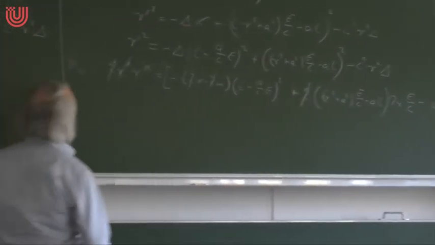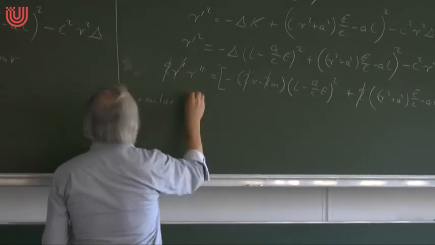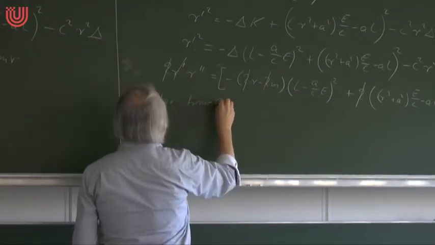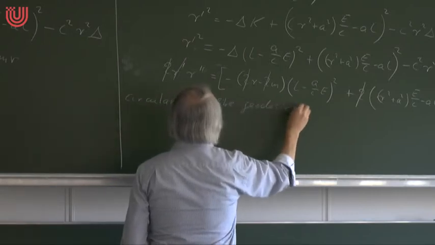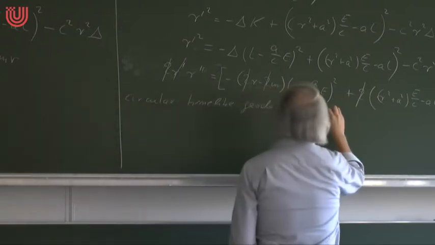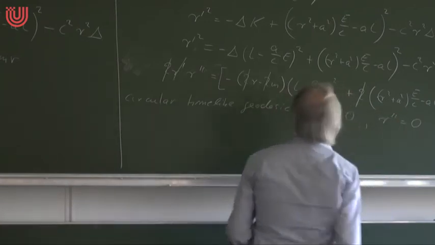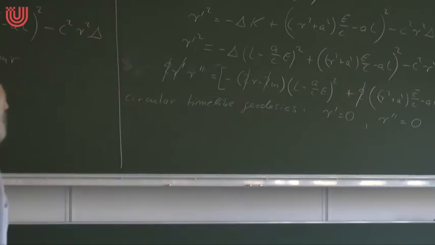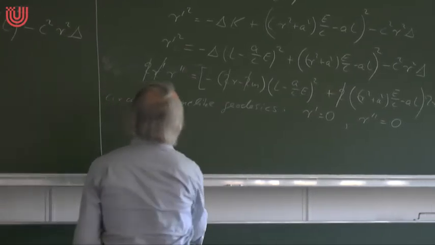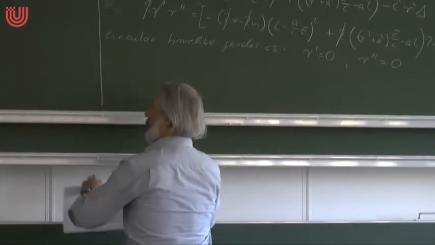Now I do what I've already anticipated. I consider circular time-like geodesics. So I have the equations r prime equals 0 and r double prime equals 0. Okay? Now you see what we get. I think I write this on another board.